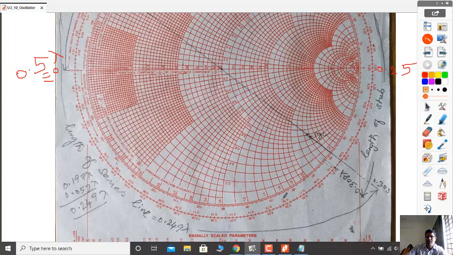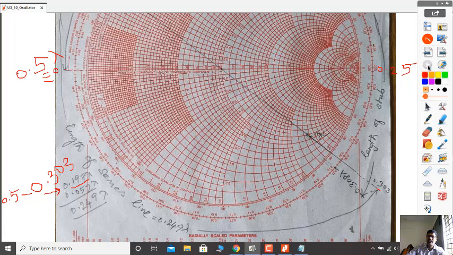That is, 0.5 is equivalent to 0 lambda. So this point is 0.5 minus 0.303, and you will get 0.197 lambda. So the distance between this and this one is the difference between these two points, that is 0.197.